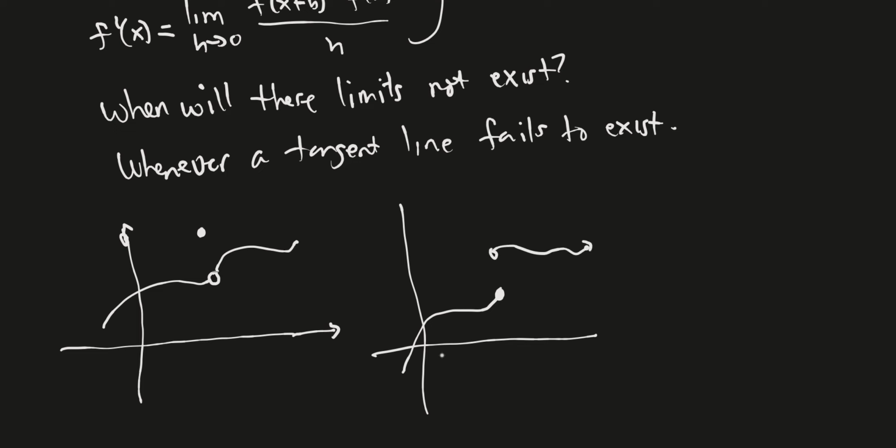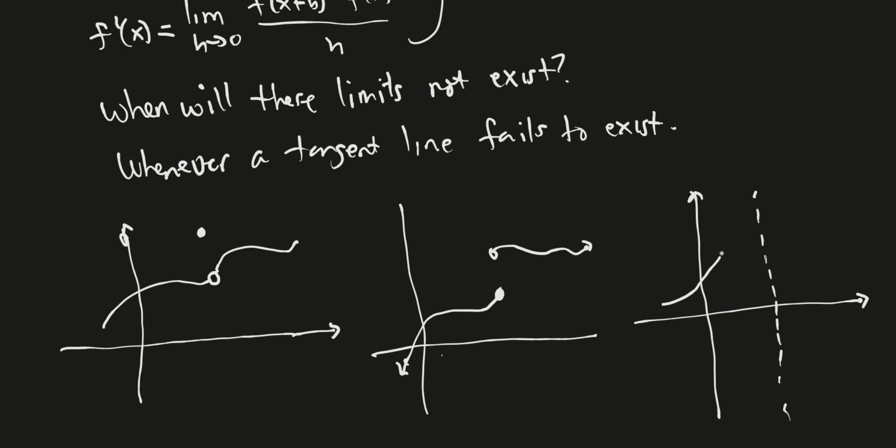Say something like that. And then let's take a look at maybe something like this, going that way, and then that way. And at each of these points, I'm just going to label the x value as a.